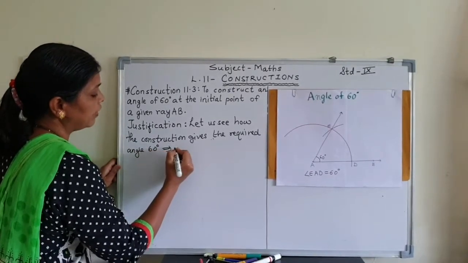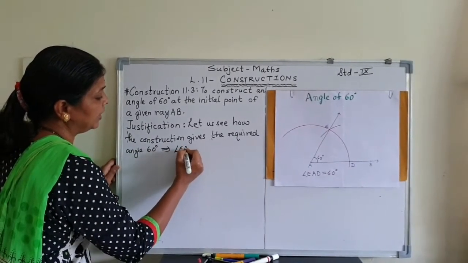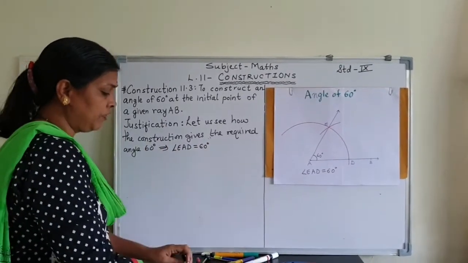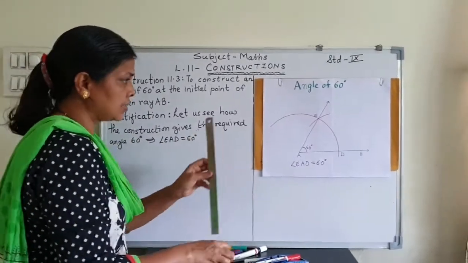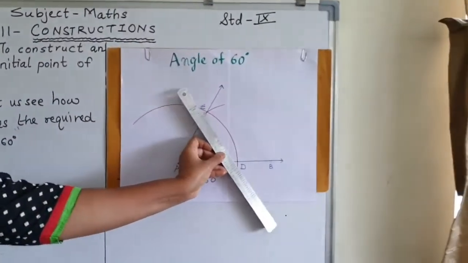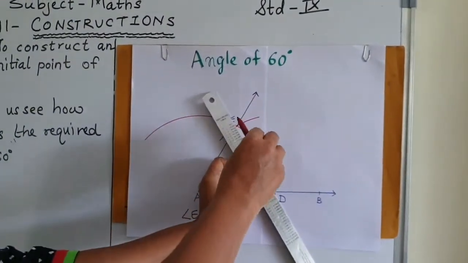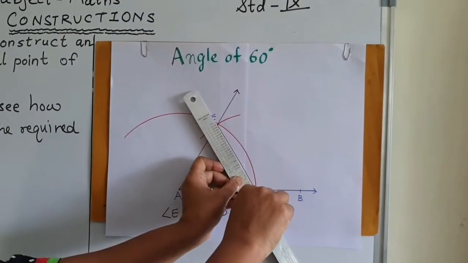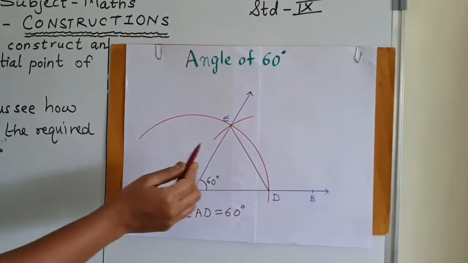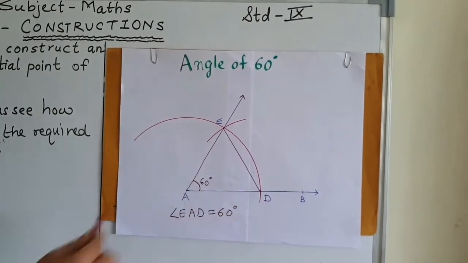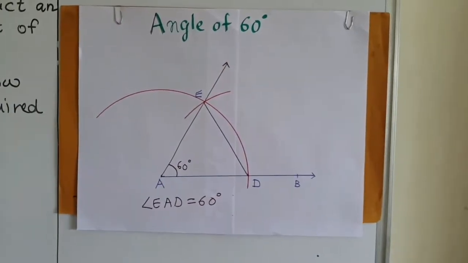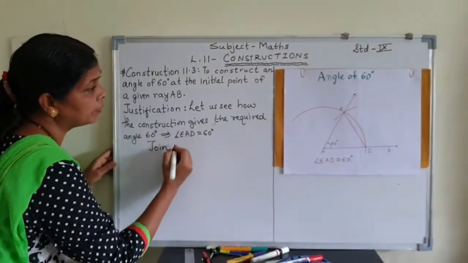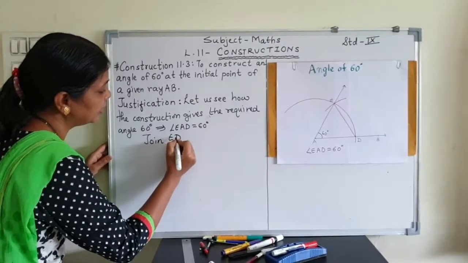It means we have to prove here that angle EAD is 60 degree. For that, we have to join ED as well. You can see I have joined ED, so by joining ED you get a triangle EAD.